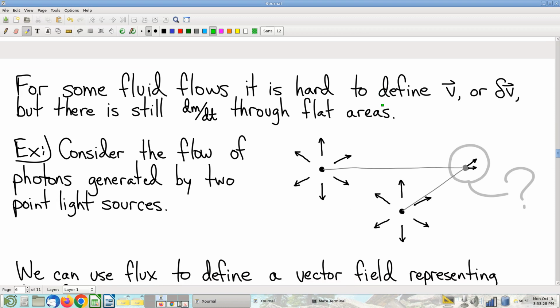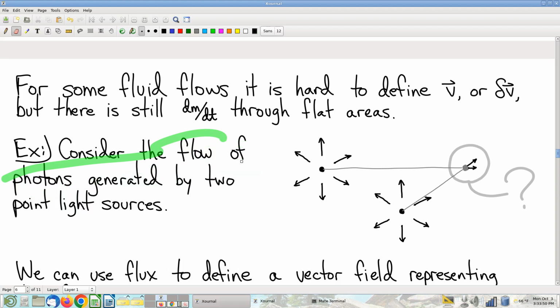Let's think about the flow of photons. In case you're not aware, photons are the tiny particles that transmit light. Light bulbs emit photons; they're just continually emitting photons.